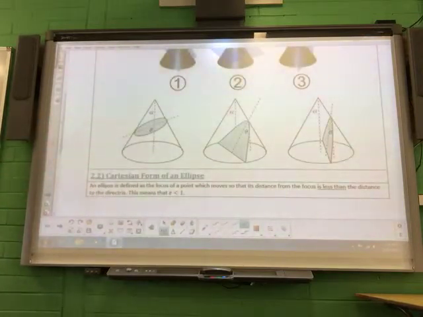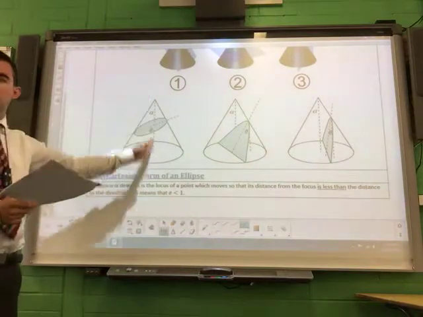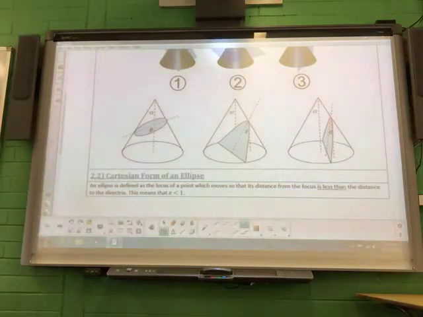Right, so consider slicing a cone of indefinite length with semi-vertical angle alpha, so the vertical and the slant make the angle alpha, with a plane that makes an angle of theta with the vertical.